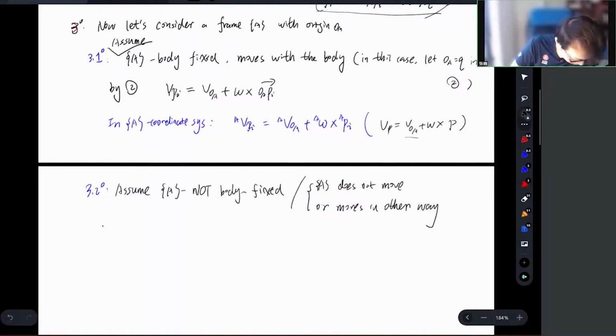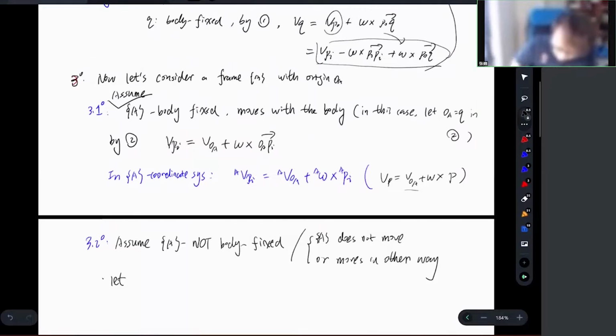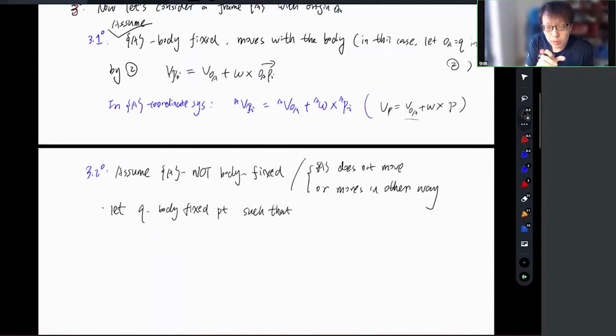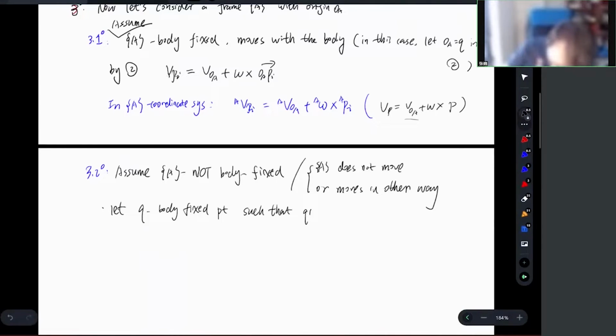In this case, let's take Q to be a body fixed point, such that at the current time t it is equal to OA.